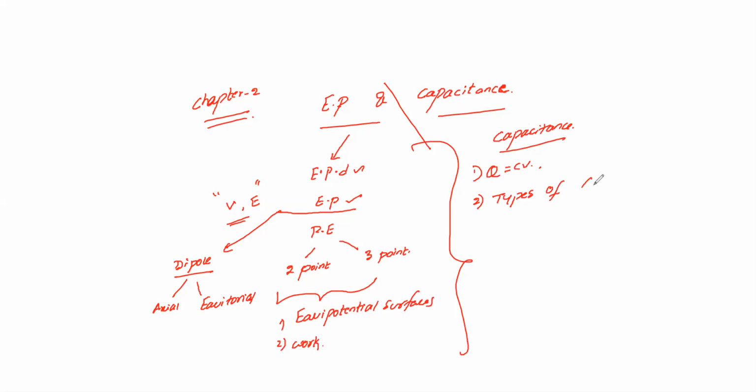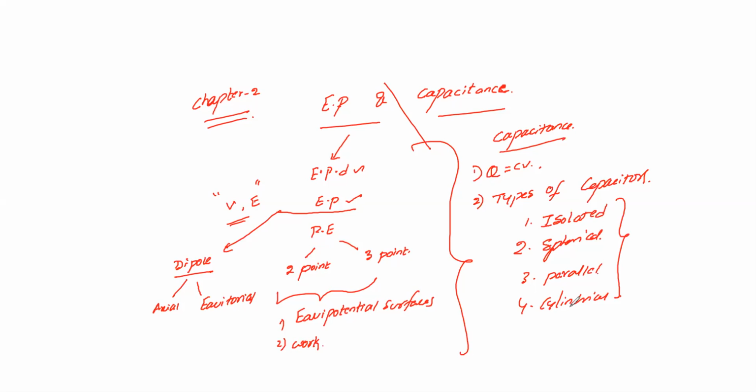There are 4 types: first, isolated spherical capacitor; second, spherical capacitor; third, parallel plate capacitor; fourth, cylindrical capacitor. These are the 4 types of capacitor which we are going to study in our books. After that we are going to discuss the energy stored in a capacitor.